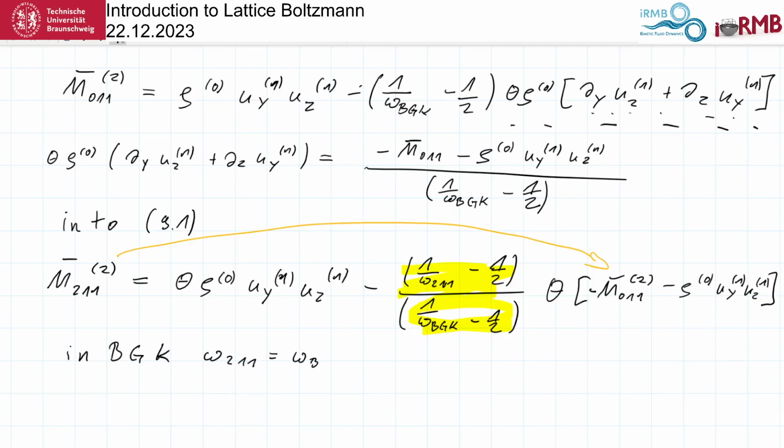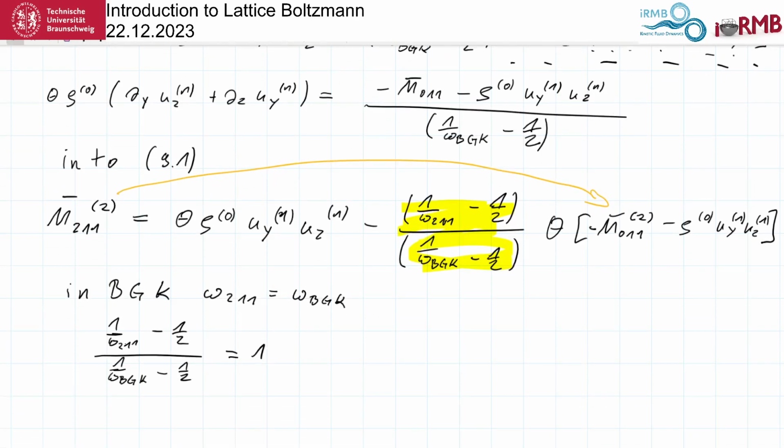So we have (1/ω2 − 1/2) divided by (1/ω_BGK − 1/2), which is equal to 1. So this would simply mean that there is a proportionality between one moment and the other. So no big deal.